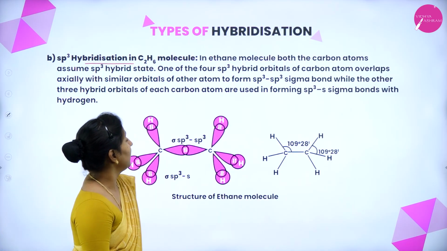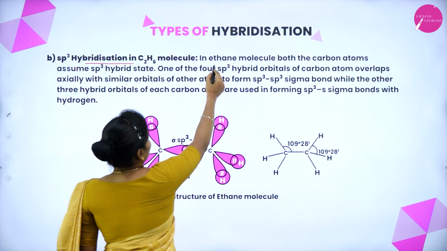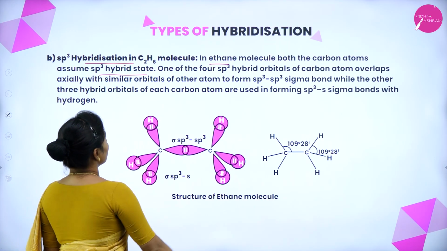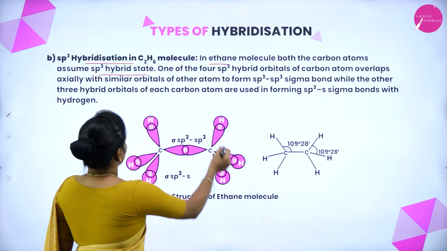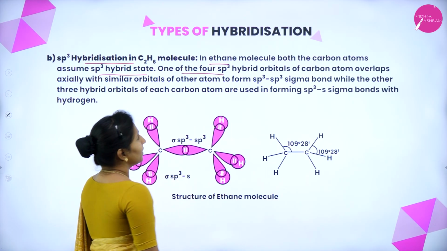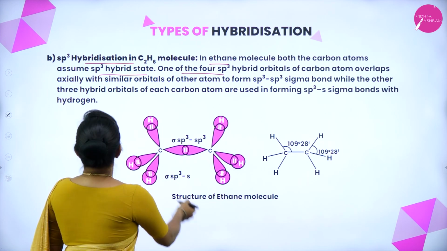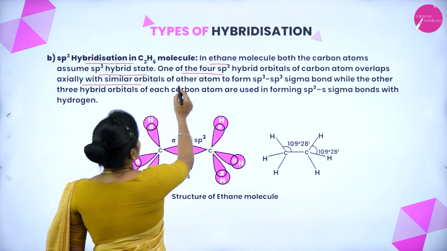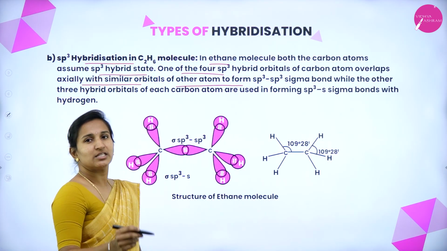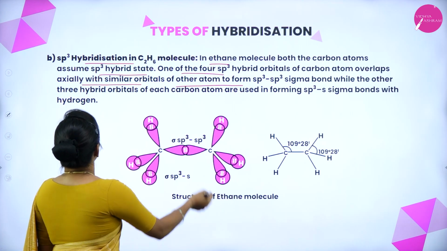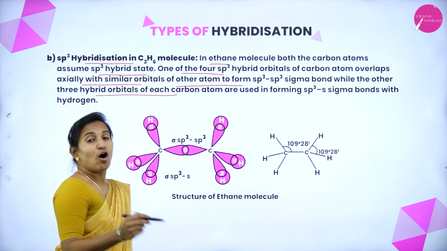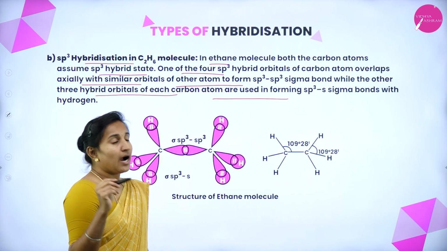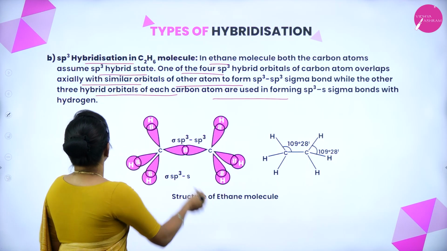sp3 hybridization in the ethane molecule. In the ethane molecule, both the carbon atoms assume an sp3 hybridized state. One of the four sp3 hybridized orbitals of a carbon atom overlaps axially with a similar orbital of the other atom to form an sp3-sp3 sigma bond, while the other three hybrid orbitals of each carbon are used for forming sp3-s sigma bonds with hydrogen.